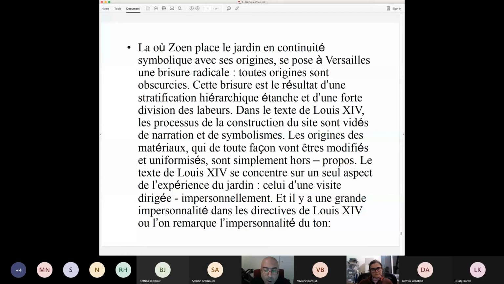All the origin of the materials are completely hidden. They're made meaningless. In reality, this break is the result of a very strong stratification, hierarchical stratification, and the break between hierarchical links.